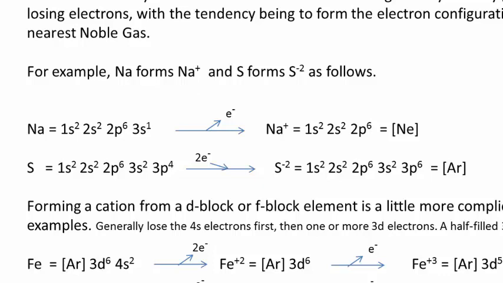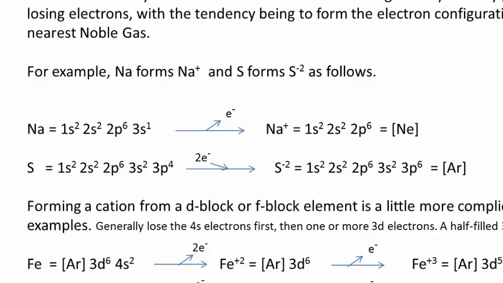Okay, so sodium itself as an element would have the electron configuration of 1s2, 2s2, 2p6, 3s1. If it loses an electron, it will lose the electron in the highest energy level. That would be the 3s1 electron, the one that's furthest from the nucleus. If it loses that 3s1 electron, it now would have the electron configuration 1s2, 2s2, 2p6, which completely fills rows 1 and 2, or in other words, has the electron configuration of neon.